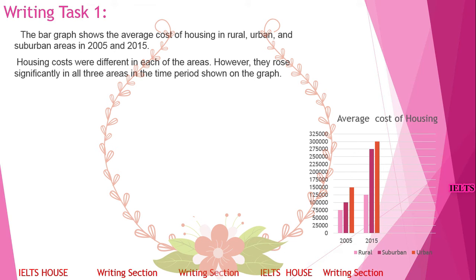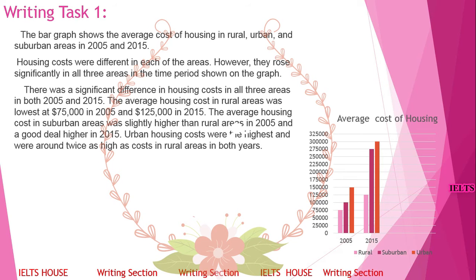For example, we should talk about the difference between cost of housing in rural, suburban, and urban areas. We should write, there was a significant difference in housing costs in all three areas in both 2005 and 2015.